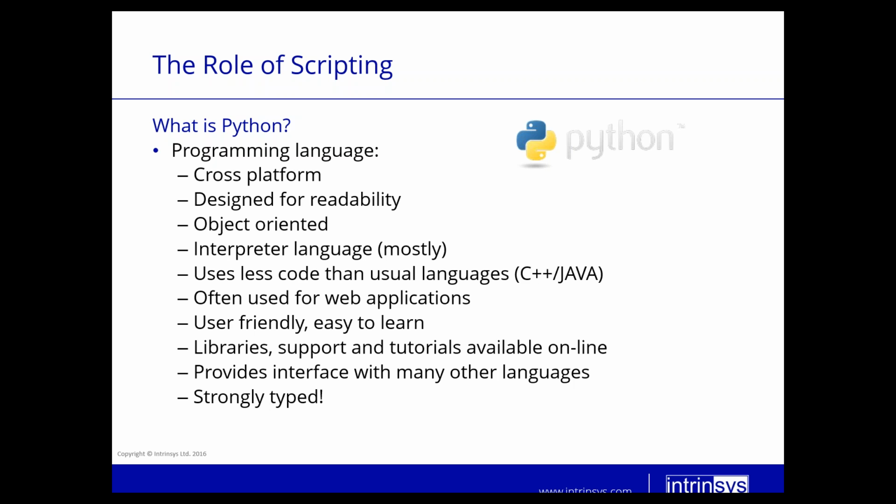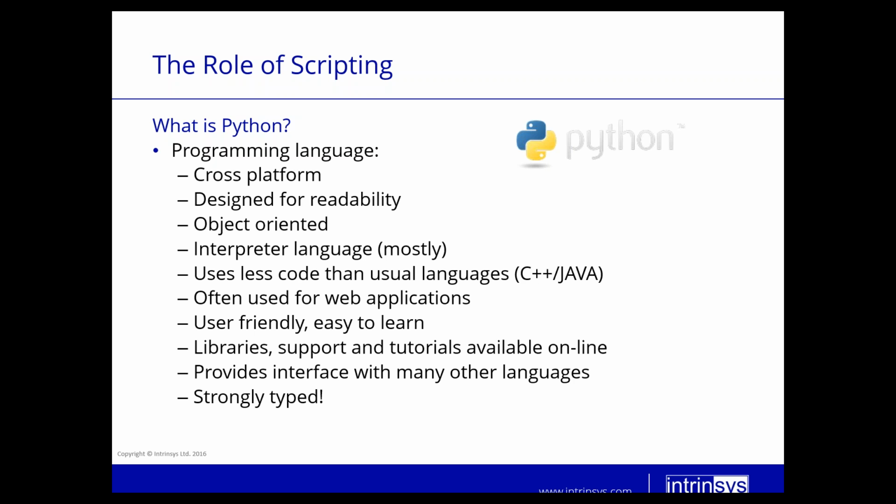It is designed to use less code, so that means a lower number of words than most of the usual languages, for example, C++, Java, or some others that you would normally use. Python is often used for web applications, so it has a strong capability to be used for those types of applications. It is very user-friendly and easy to learn. Also, it's supported by a large community.